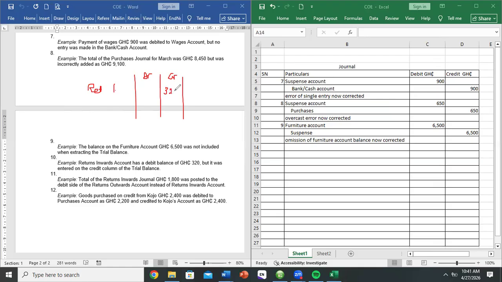So how do we get rid of this 320 and bring it to the debit side? Professors, let me hear you. This one, I want Rashid to attempt this one. Prof. Rashid. Then maybe Josephine will assist him if he's not getting it.